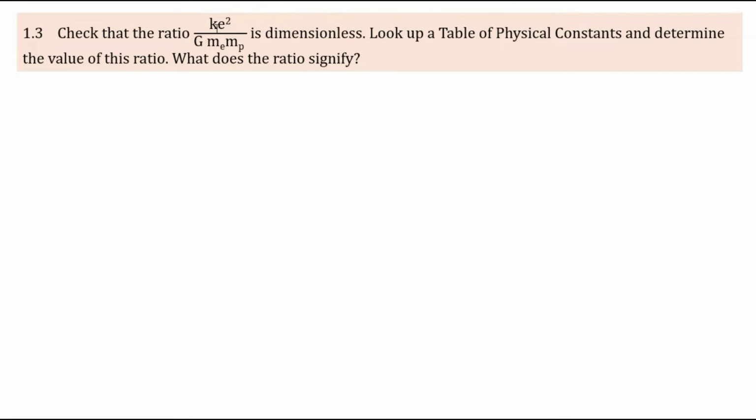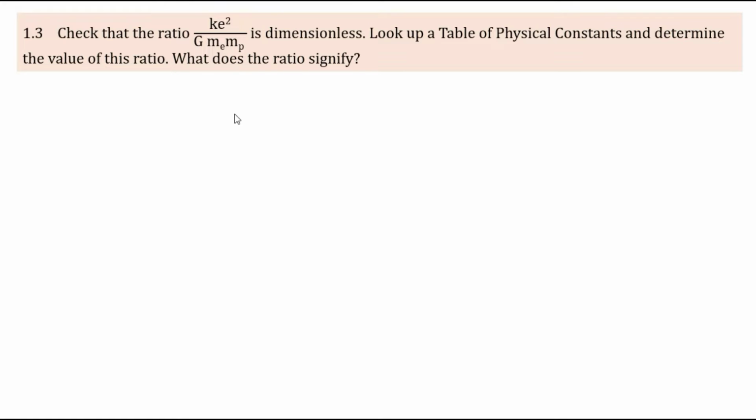So we have to substitute the values of these physical constants. K is the electrostatic force constant, e is the charge on electron as well as charge on proton, the magnitude of charge, G is the gravitational force constant, Me is the mass of electron, and Mp is the mass of proton.